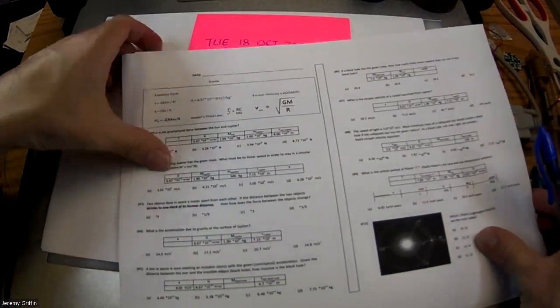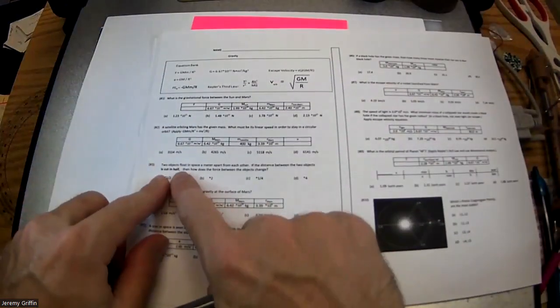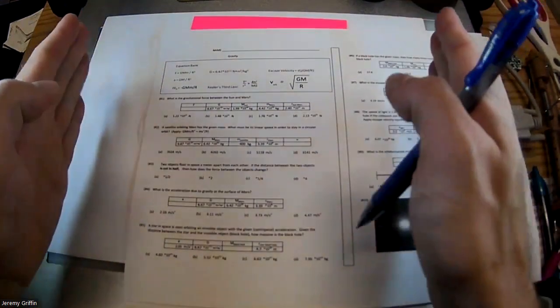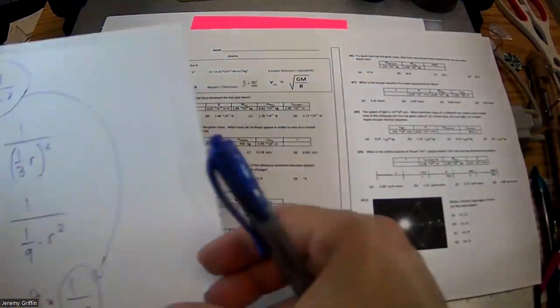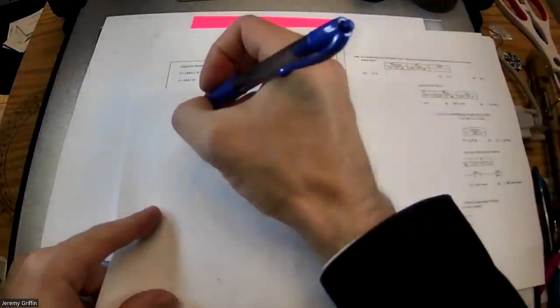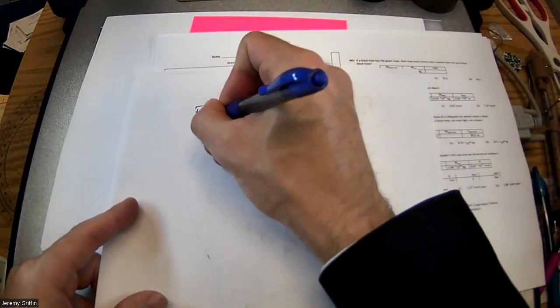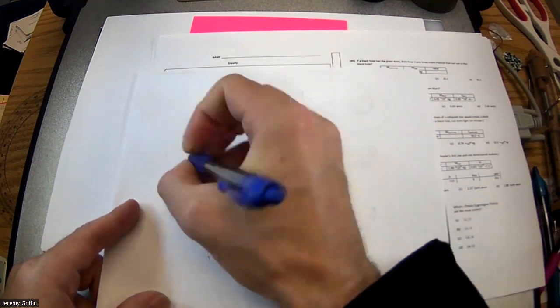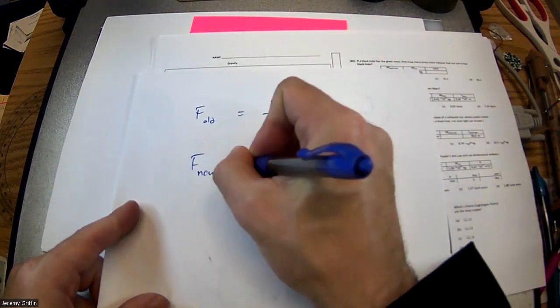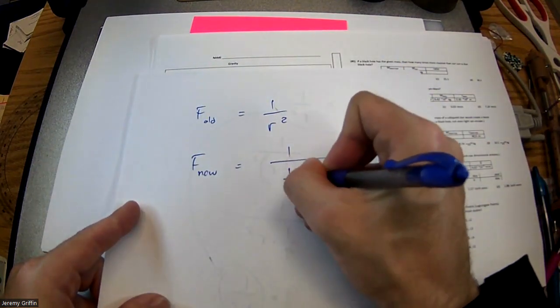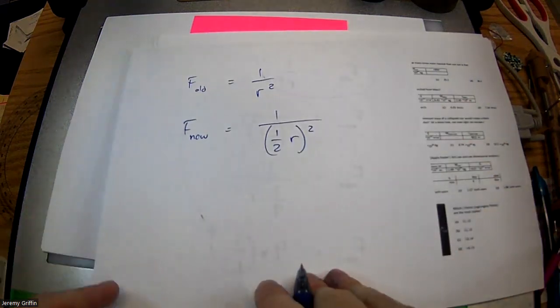If you don't have that paper, maybe you have this paper. The distance is cut in half. So like half the distance. Let's try that. Say F old is 1 over R squared. F new is 1 over, okay, so now we have half the original distance, and that's being squared.